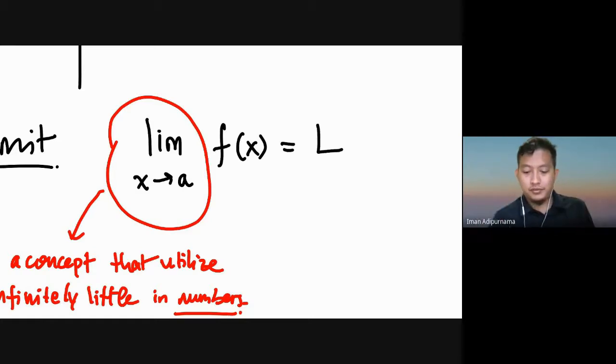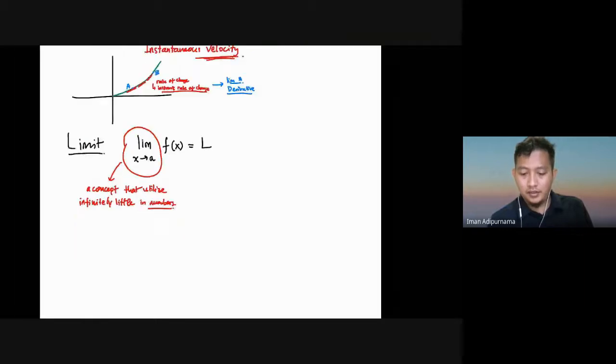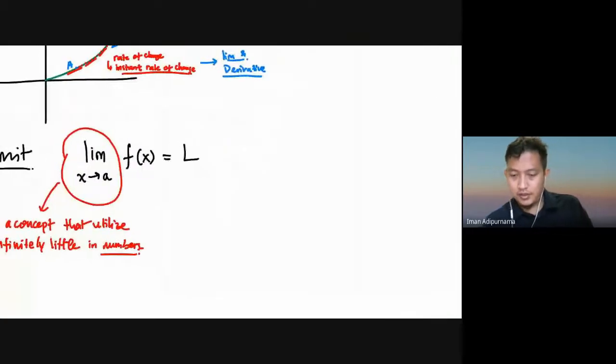Now I think I still need some graph to check with you, to check whether you got my idea or not. Let me go back to GeoGebra.